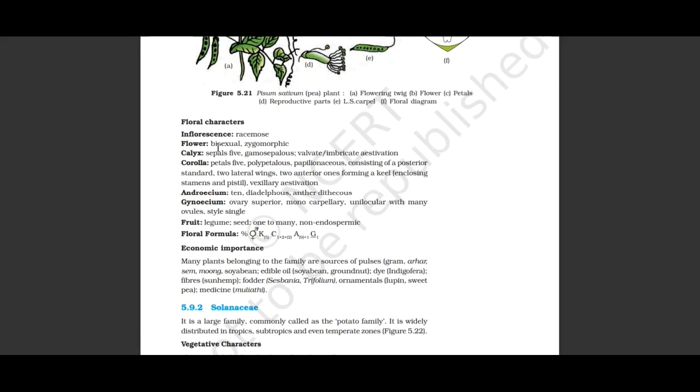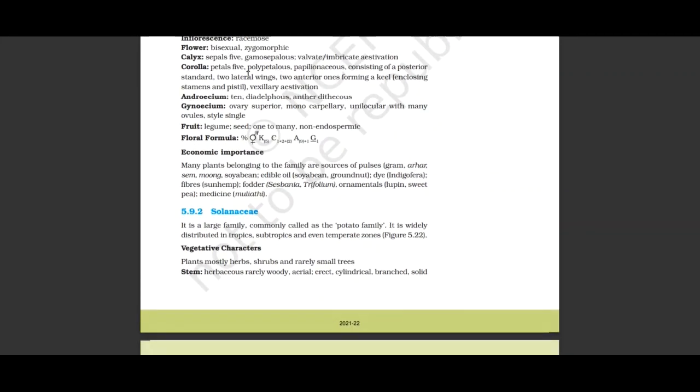Let us see the floral characters. Inflorescence is racemose. Flower bisexual, zygomorphic. Calyx, sepals 5, gamosepalous, valvate or imbricate aestivation. Corolla, petals 5, polypetalous, papilionaceous, consisting of a posterior standard, 2 lateral wings, 2 anterior ones forming a keel, enclosing stamens and pistil, vexillary aestivation.